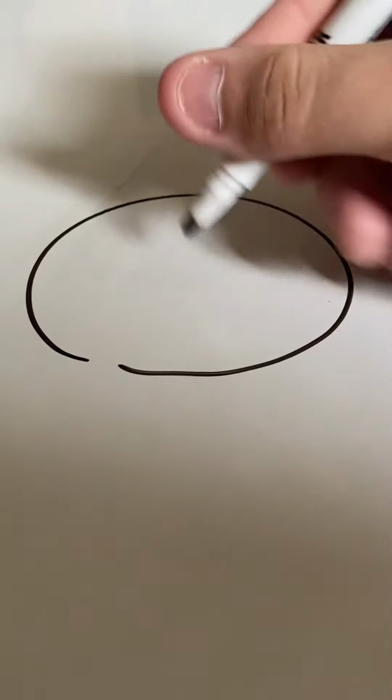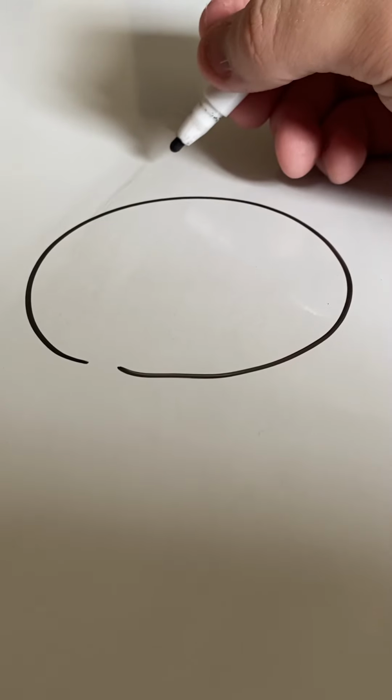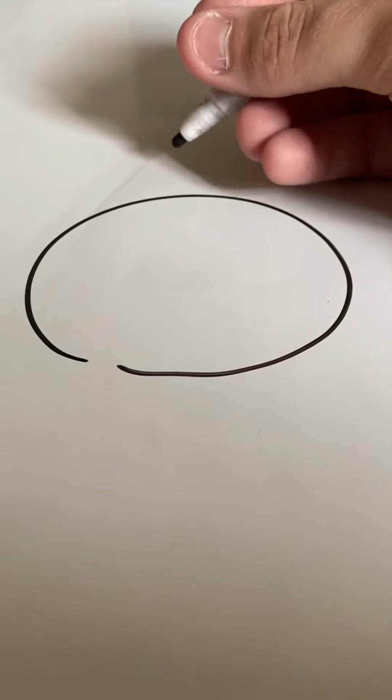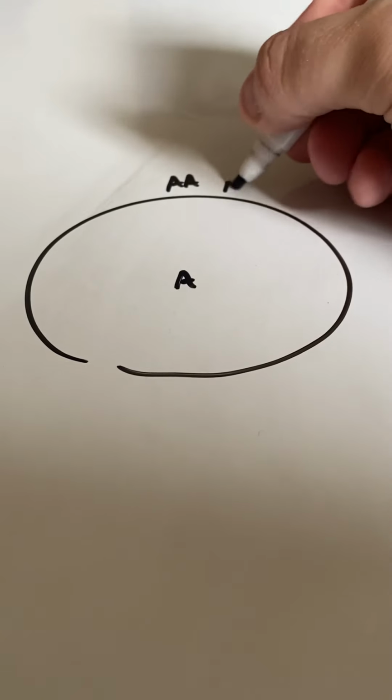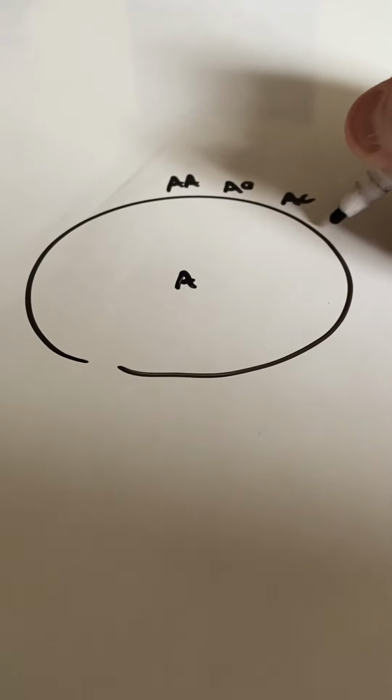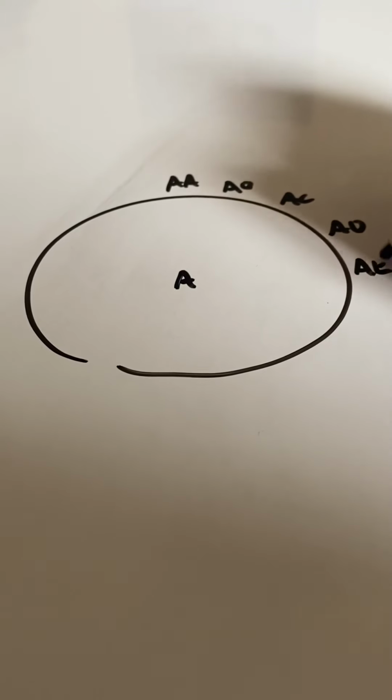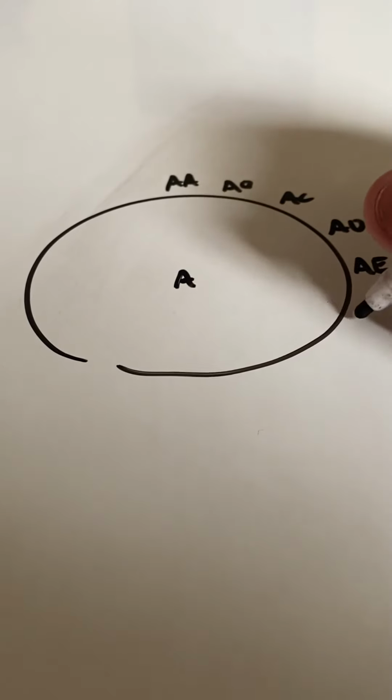Okay. So you take a circle and you can just literally infinitely distribute as much as you want. So you have A here. So you can go AA. And we'll go AB, AC, AD, AE. Sorry if I'm going over this a lot.